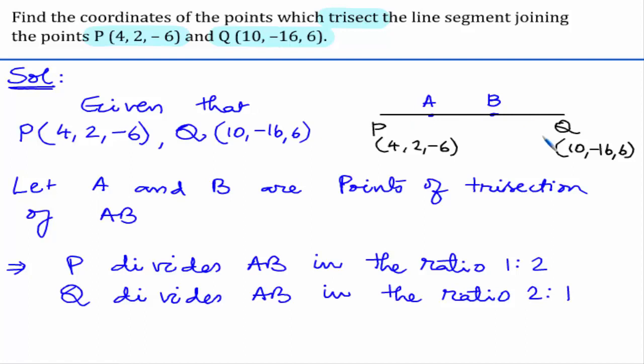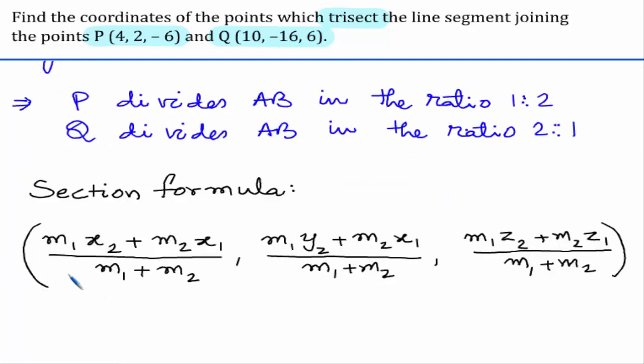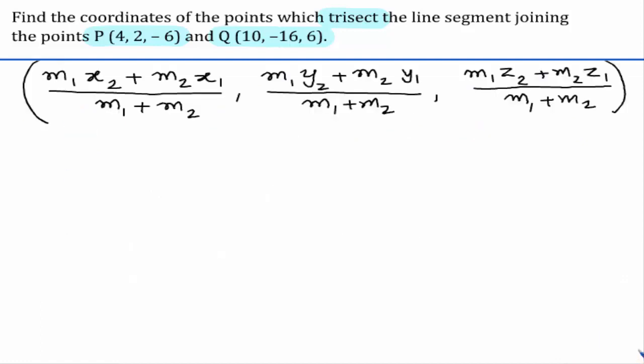You can observe that from the figure. Let us use the section formula to find out the points. So the section formula is given here. Using the section formula and the ratios, let us find out the coordinates of the points.